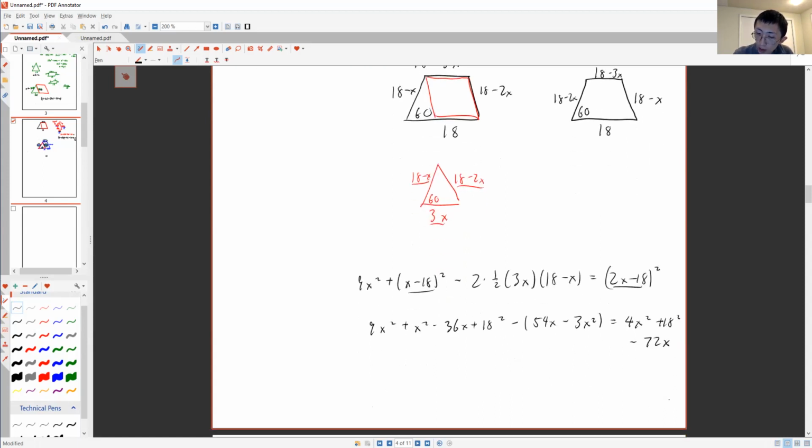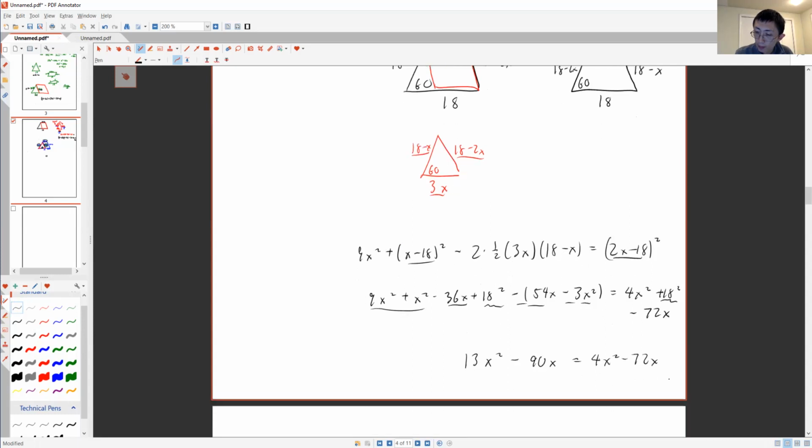So let's just clean this up a bit. We'll have negative 3x plus 10x. We'll have a negative 36x and a negative 54x. It's negative 90x. And the 18 squares will cancel on both sides. So this just equals 4x squared minus 72. So 9x squared minus 18x is 0.